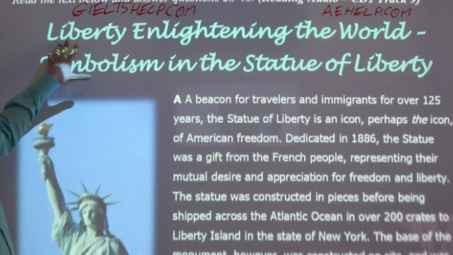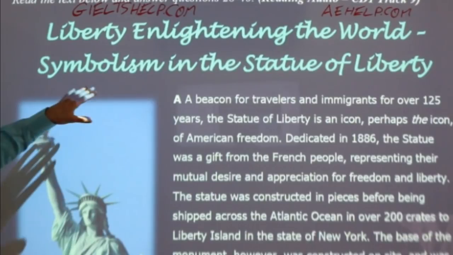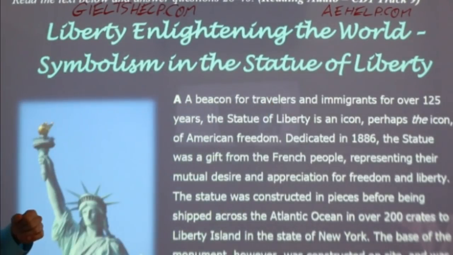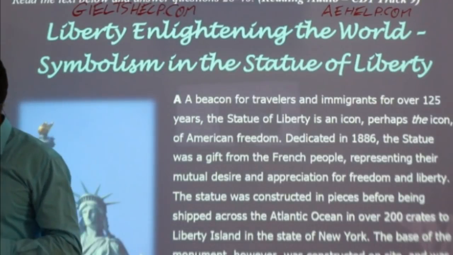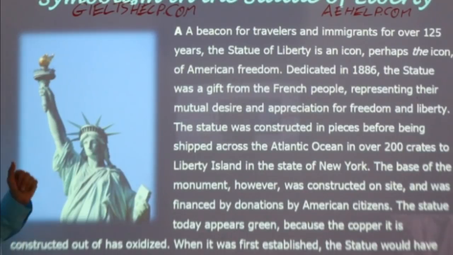So the title here is Liberty, Enlightening the World, Symbolism in the Statue of Liberty. And then we can see here this very famous iconic landmark on Staten Island in the state of New York. Of course, most of us are familiar with this statue.